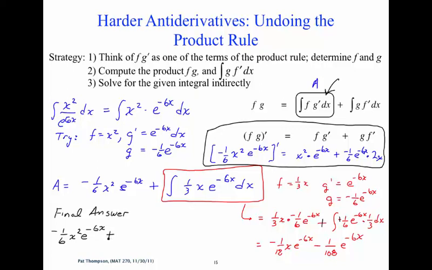So minus 1/18 x e to the minus 6x minus 1/18 e to the minus 6x. Plus c, right? Indefinite, so plus c. If it were a definite, then when we got to this step right here, you'd apply the lower and upper limits to the whole answer.